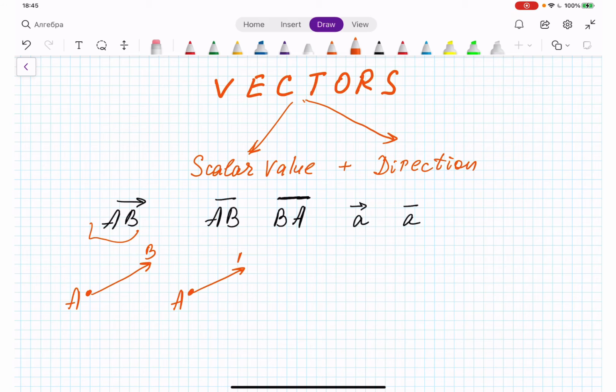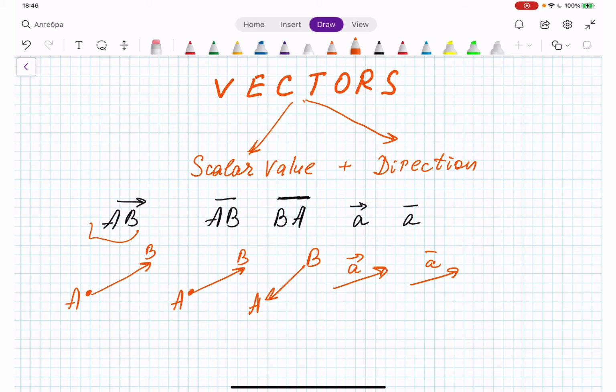This is B. But when we have BA, this is how it's going to work. This is B, this is A, or to make it crystal clear, I'll put it this way. This is B, the starting point, and this is A, meaning heading in the opposite direction, right? And A with an arrow on the top, we just put vector A like that, or like this. It's the same meaning, all these notations.